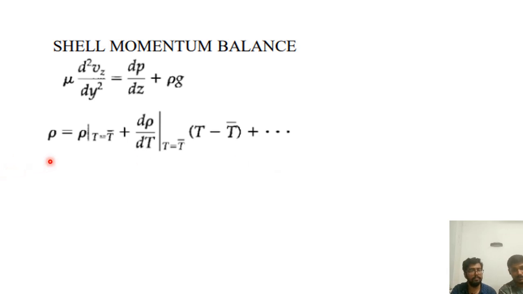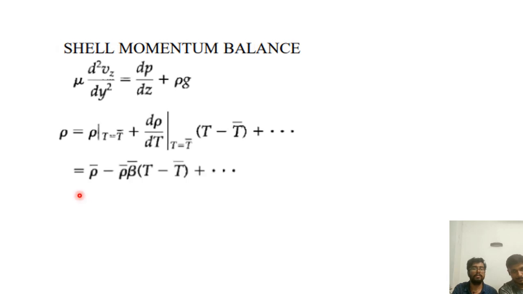Now this expression comes from the Taylor series. It is a general mathematical series that if we know the value of a certain function at a certain point, then at a nearby point we can find it using this approximation. So from this approximation we will have our equation, and we are neglecting the higher order terms.